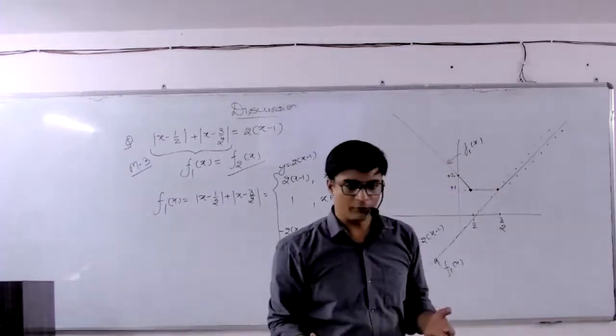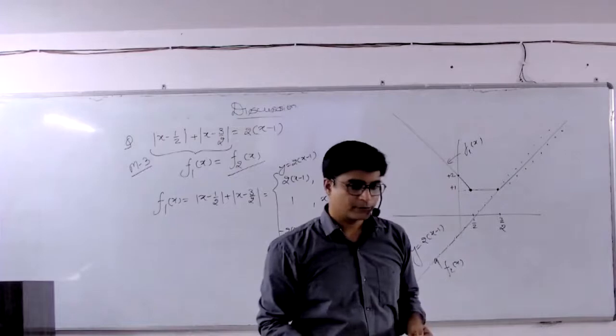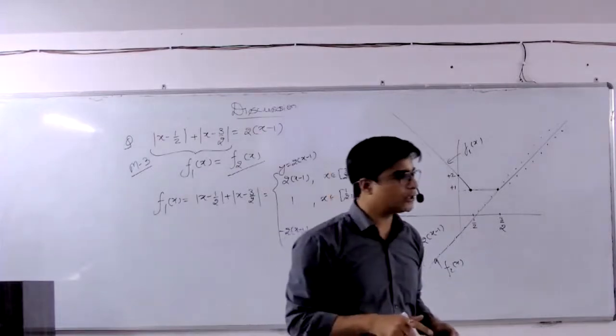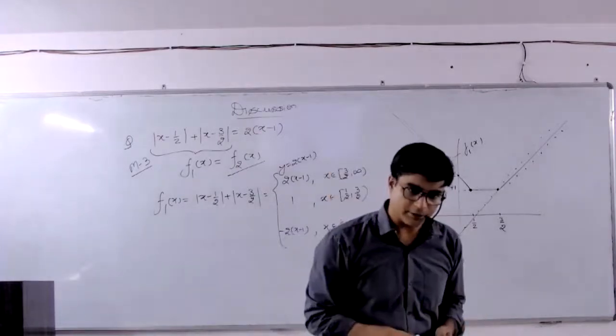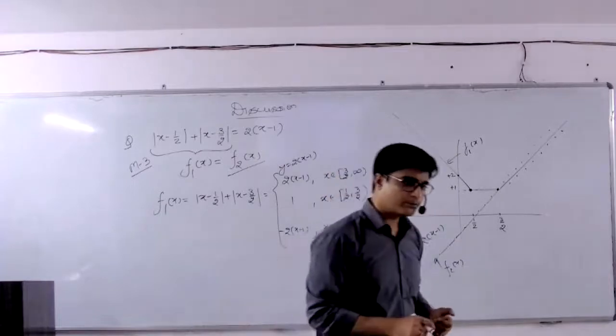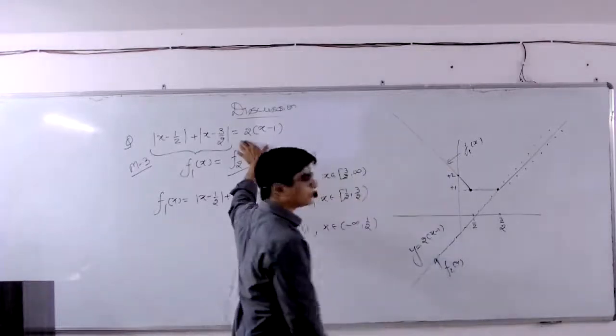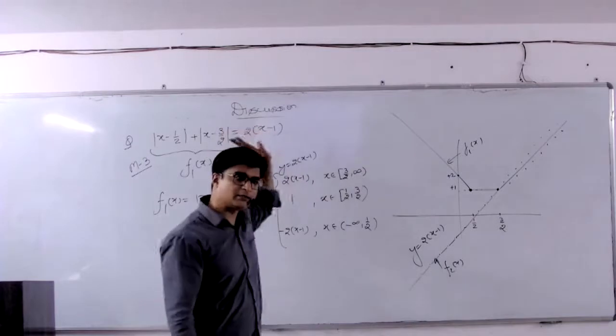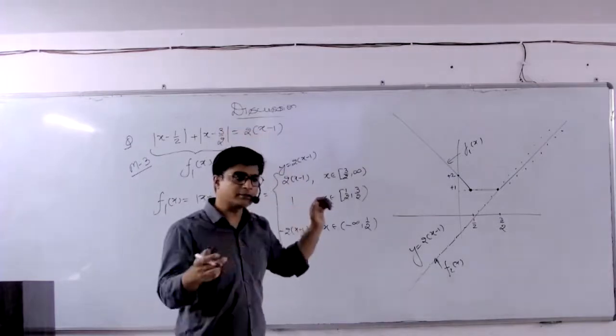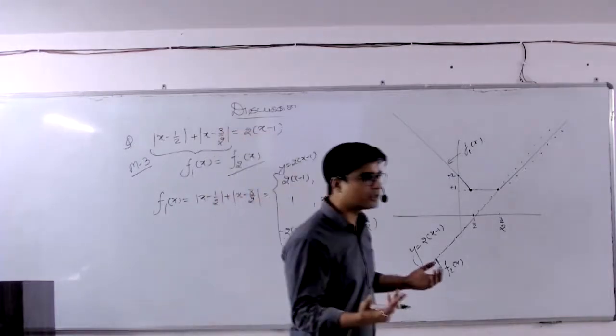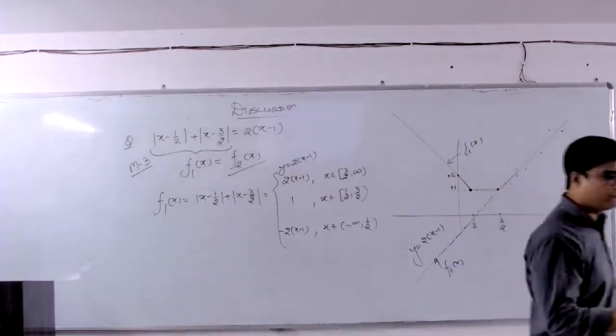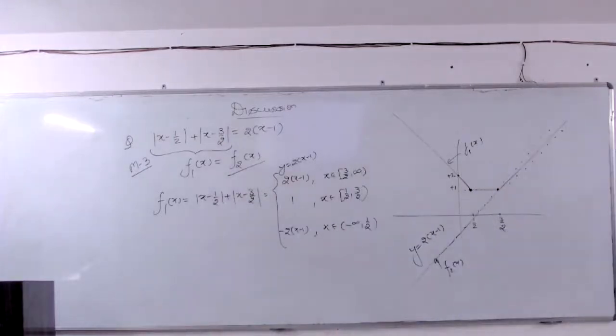So if I want to find the solution, the solutions are always those points at which your graphs are intersecting. Whenever you have this kind of equation, assume the left hand side as one function, the right hand side as another function, and draw their graphs. Wherever they are intersecting, that would be the solution. Yes or no?